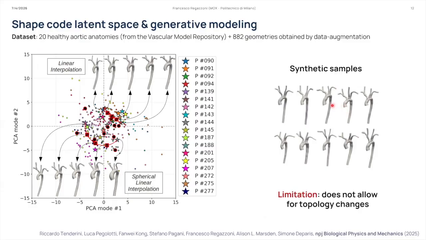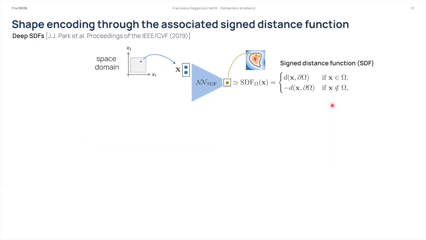However, there is a drawback in this approach, that is, this does not allow for topology changes, since if the topology changes, we cannot define a diffeomorphism from a template geometry to an arbitrary geometry. And so this led us to explore an alternative approach that is instead based on representing a geometry by means of the associated signed distance function.